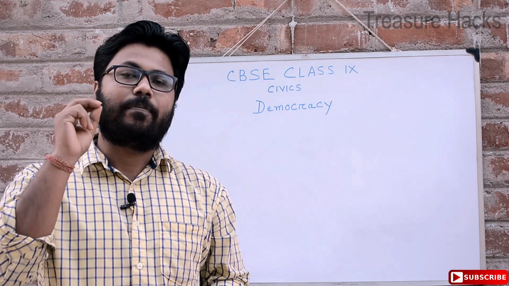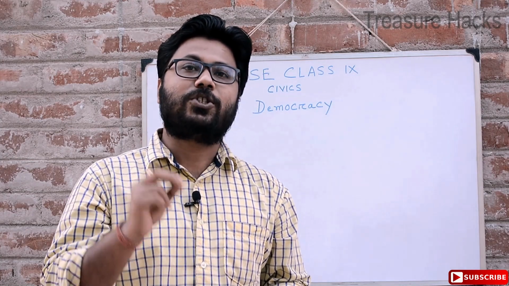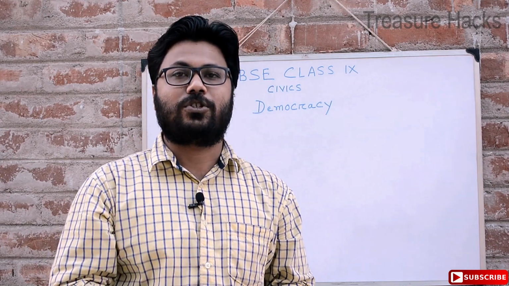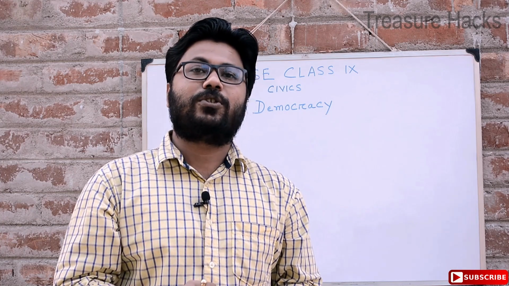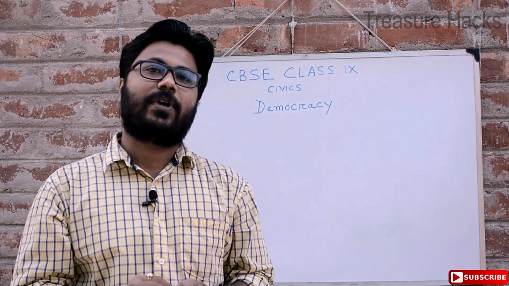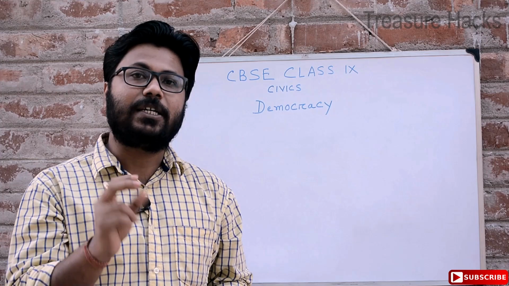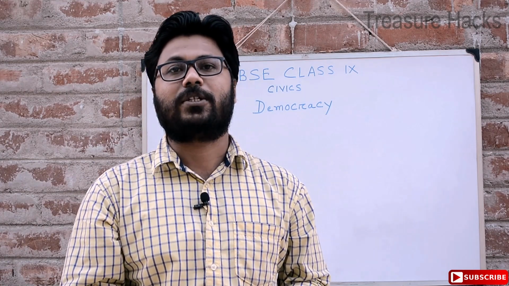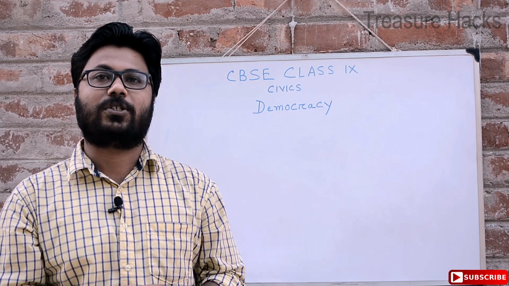He put a ban upon the opposition parties in staging protests or demonstrations. The journalists were harassed and attacked if they broadcast any news that went against the ruling party, that went against the government. That is not the true picture of democracy.